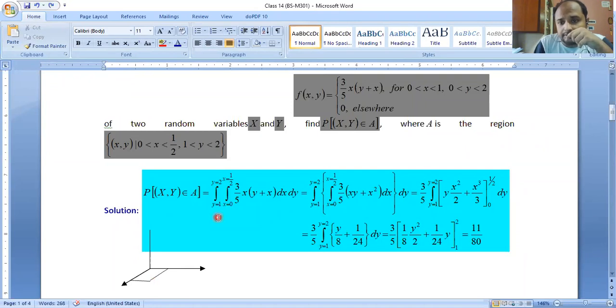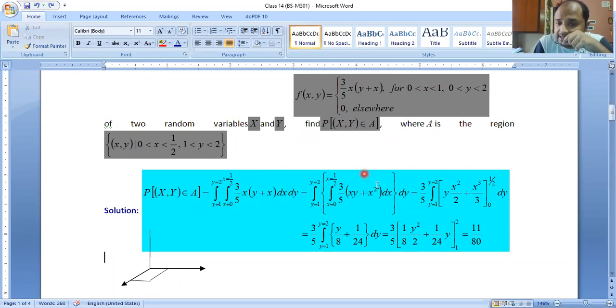According to the definition, we are going to integrate with respect to x first. Since the x limit is 0 to half, we are going to integrate from 0 to half, because 0 to half is a sub-interval of 0 to 1, so this function is valid over here.